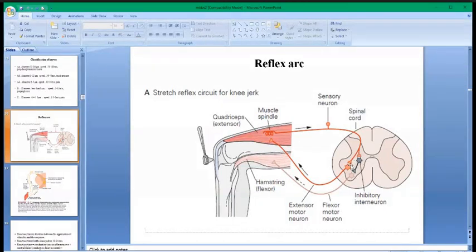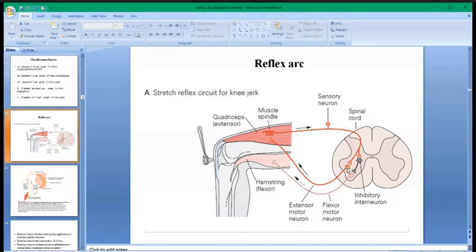Here it ends. This one is the sensory neuron. Then another neuron, this is the alpha motor neuron. This one is the sensory neuron. This one is the motor neuron.